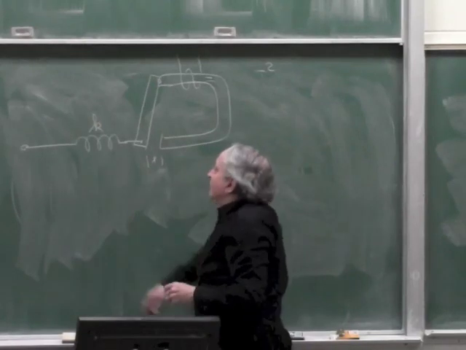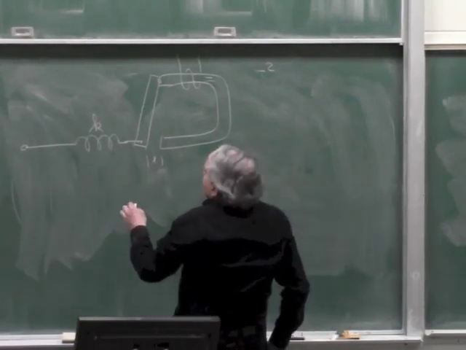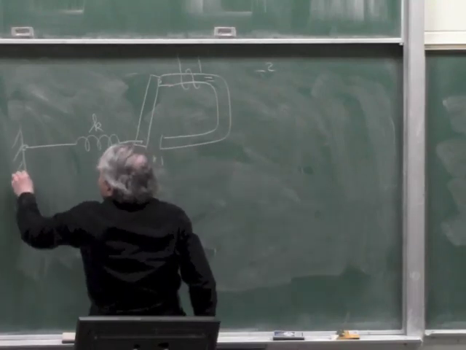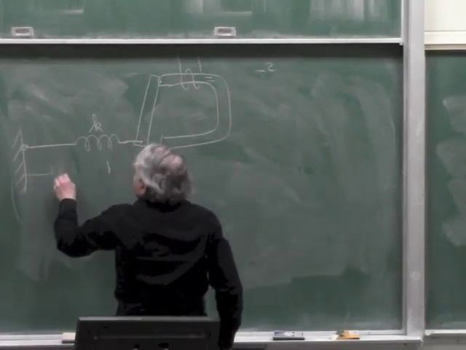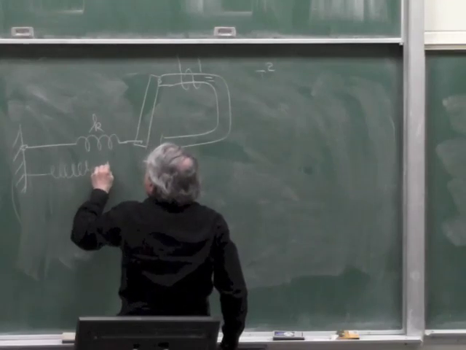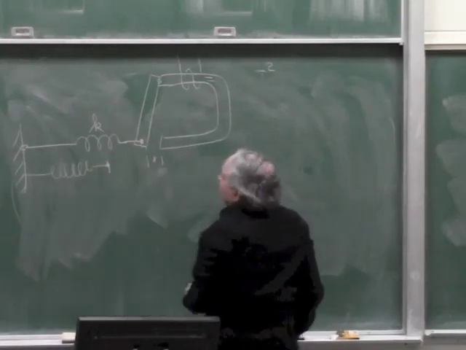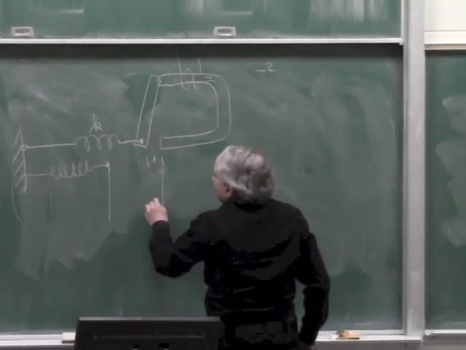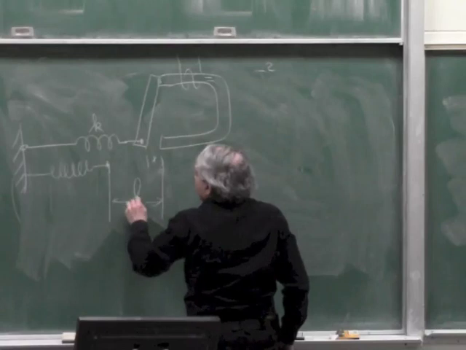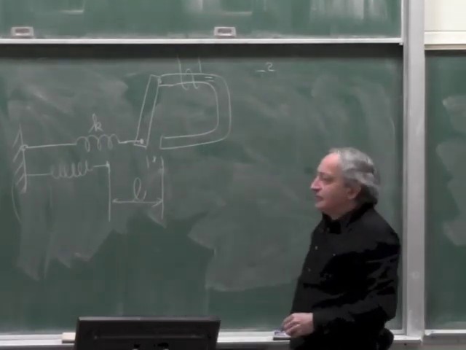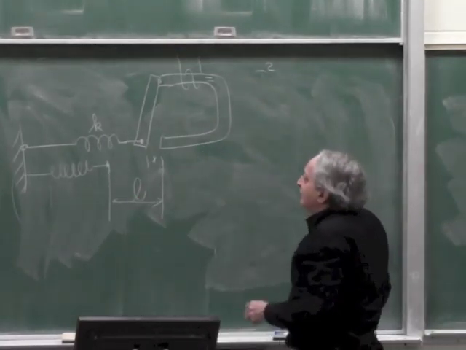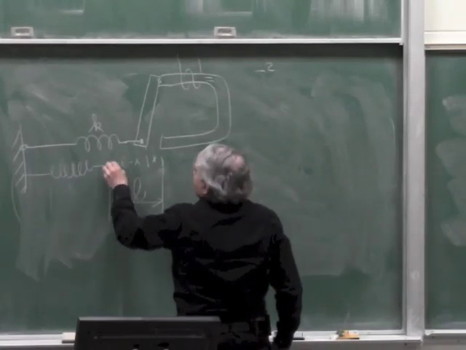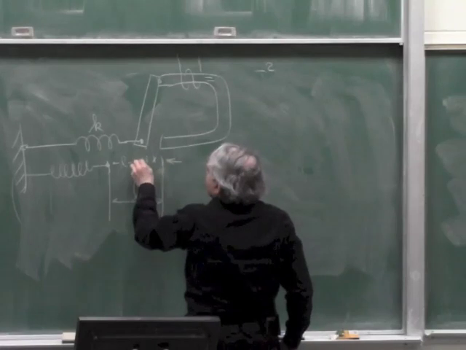Okay, so let's say that the unstretched spring reaches to here, and we stretch it to here. So if this whole distance is L, this distance is L minus x, and this is x.